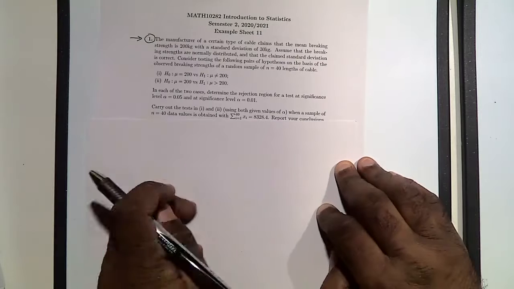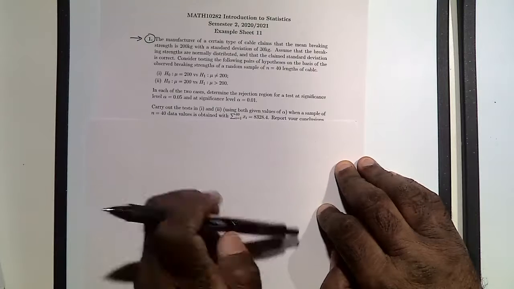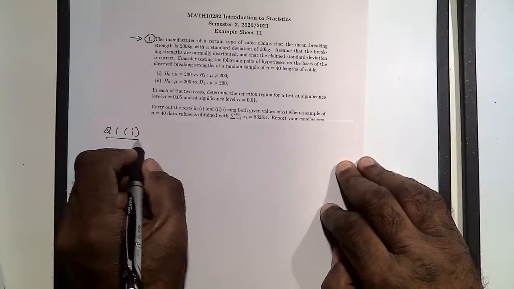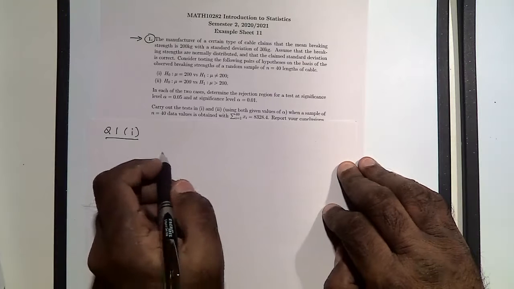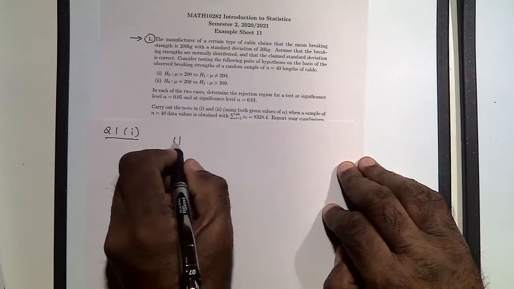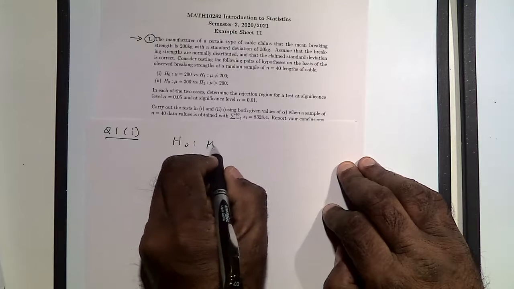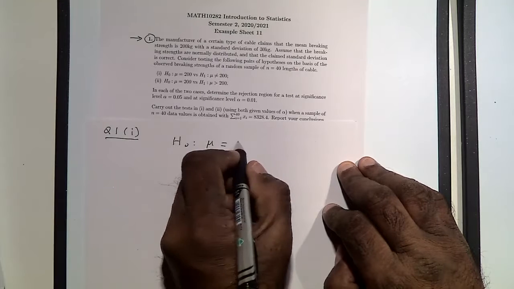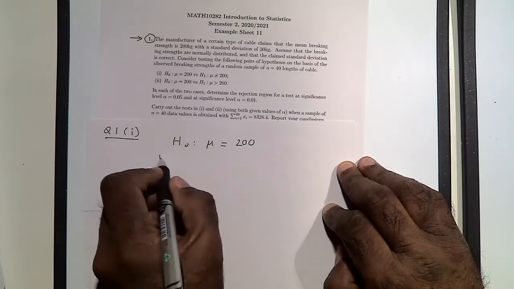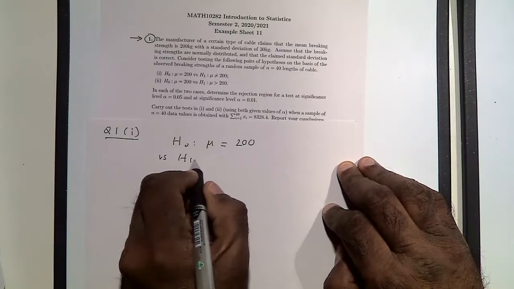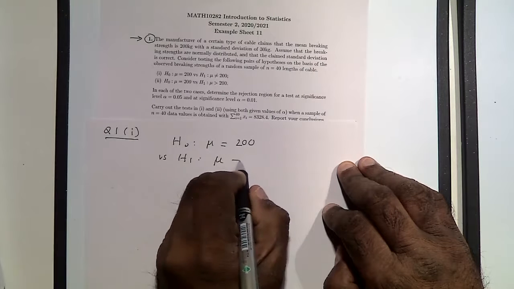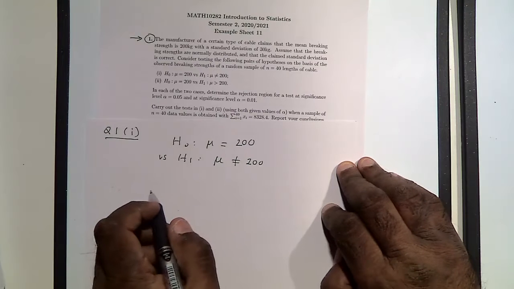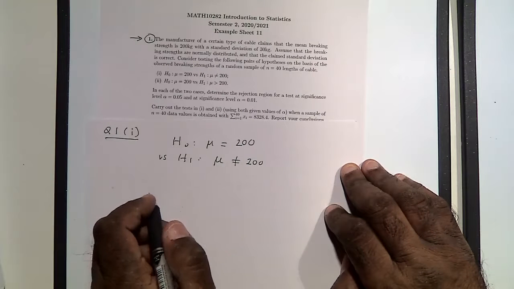So what you have in question 1, part 1, is you're trying to test the hypothesis that mu, the mean breaking strength, is equal to 200 versus the alternative that mu is not equal to 200. Right?